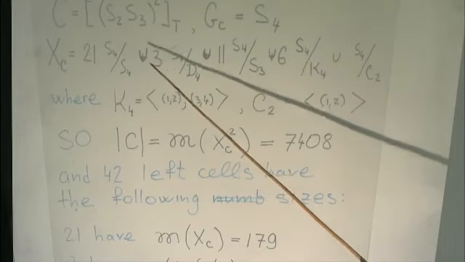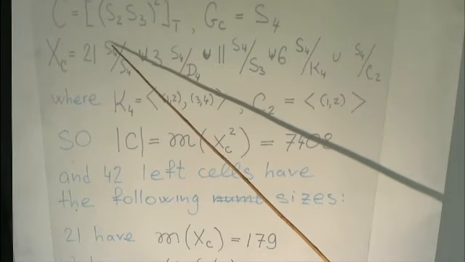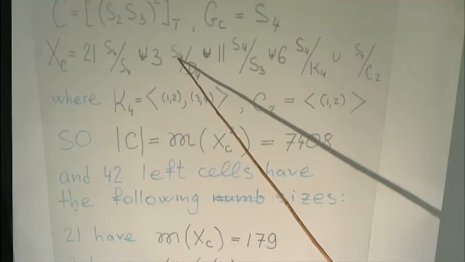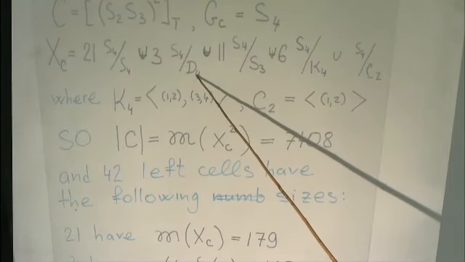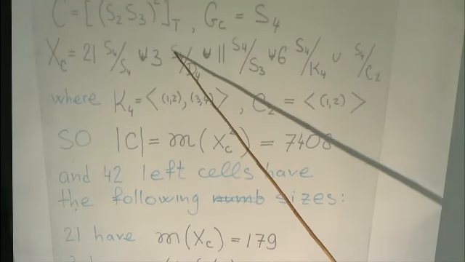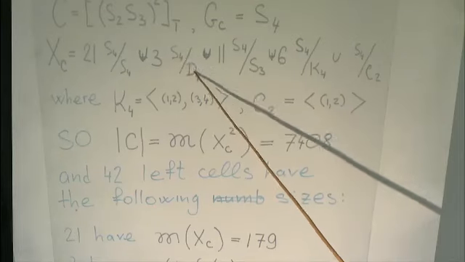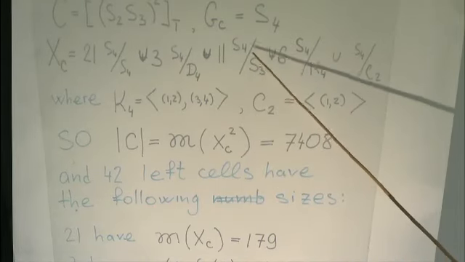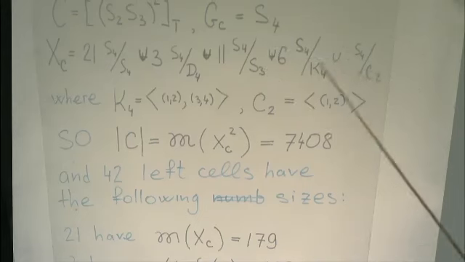So there are 21 singletons. Then this is S4, this is the dihedral group of order 8. So these are 3 sets of size 3, these sets of size 4, 11 sets of size 4.